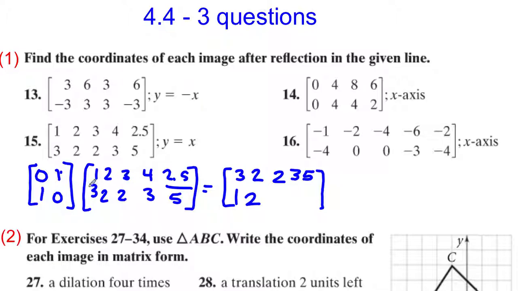Row 2, column 3. 1 times 3 is 3 plus 0, so this is just going to simply be 3. 1 times 4 is 4. 0 times 3 is 0. So 1 times 4 is 4. And then finally, 1 times 2.5 plus 0 times 5 is going to give you 2.5.